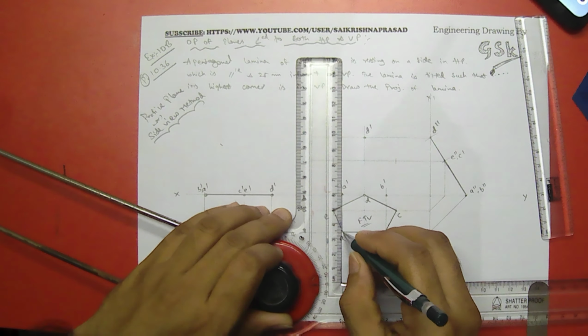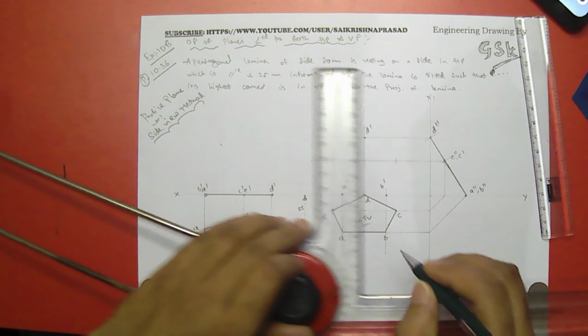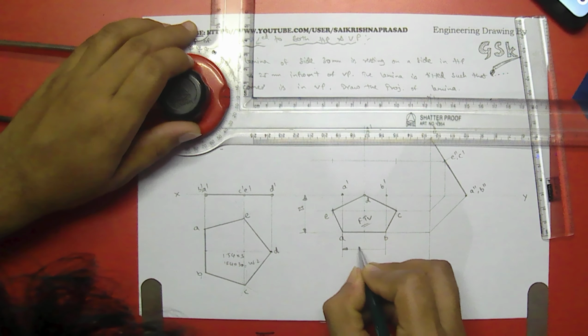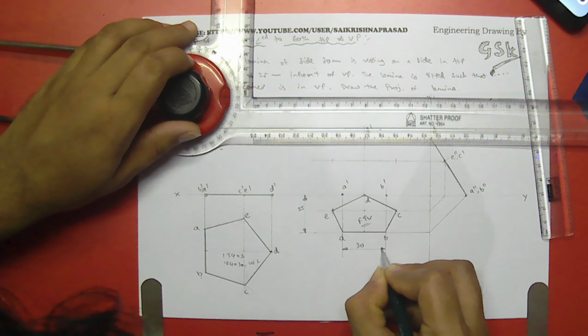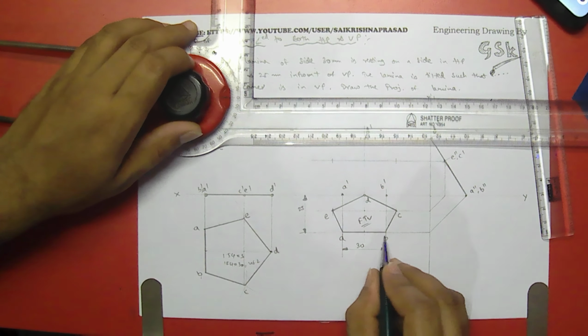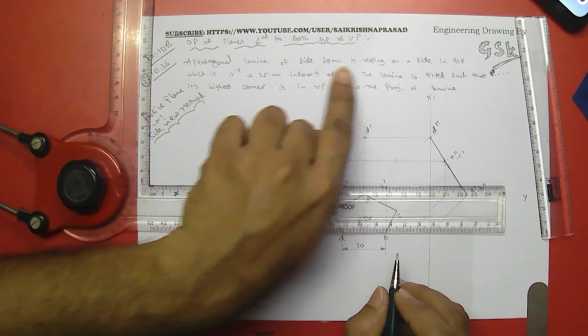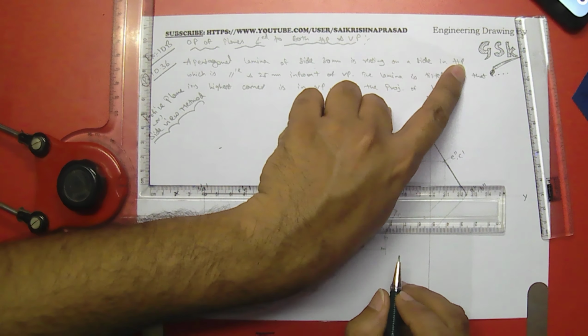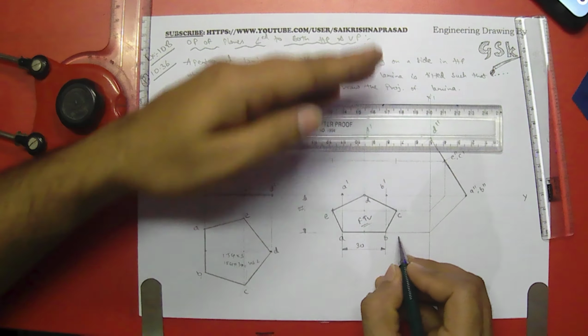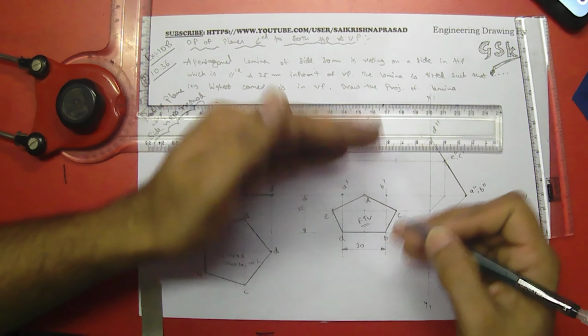The side is 30 and it is 25 in front. So this condition is satisfied. This 30 mm is resting on HP, parallel and 25 mm in front of VP.